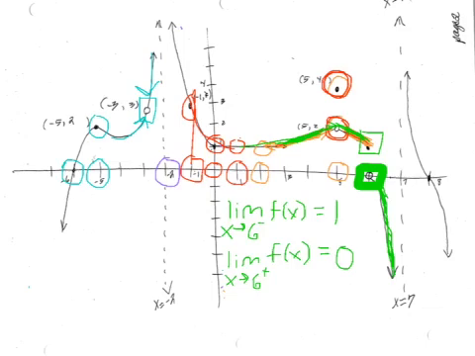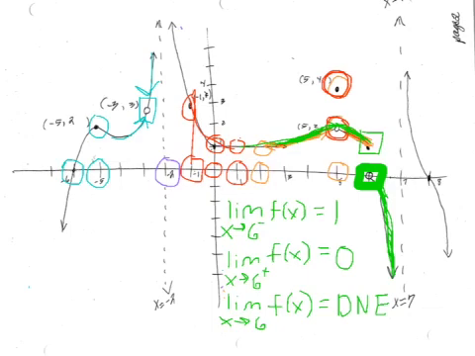If we came in from the negative side, we got the limit of 1, and if we come in from the positive side, we get a limit of 0. Therefore, the limit as x goes to 6 in general does not exist, DNE. Because these two y values are different, the limit does not exist at that particular x value.